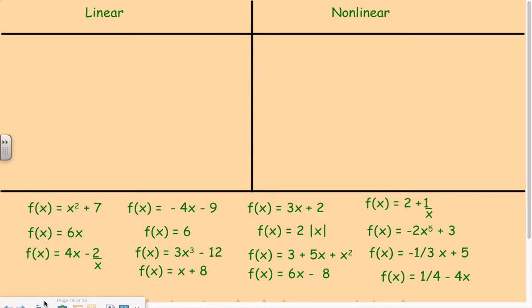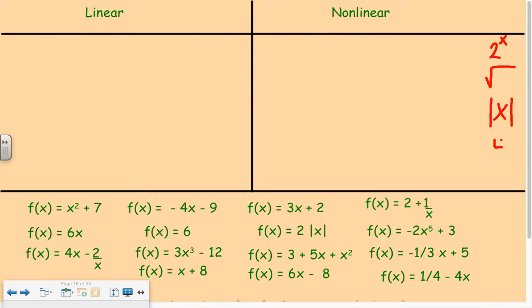All right, so now we're going to do a click and drag for linear and nonlinear. Here's what you need to know about linear and nonlinear. The things that make an equation nonlinear are exponents, square roots, absolute value, and fractions with a variable on the bottom. So let's look for those 4 things.